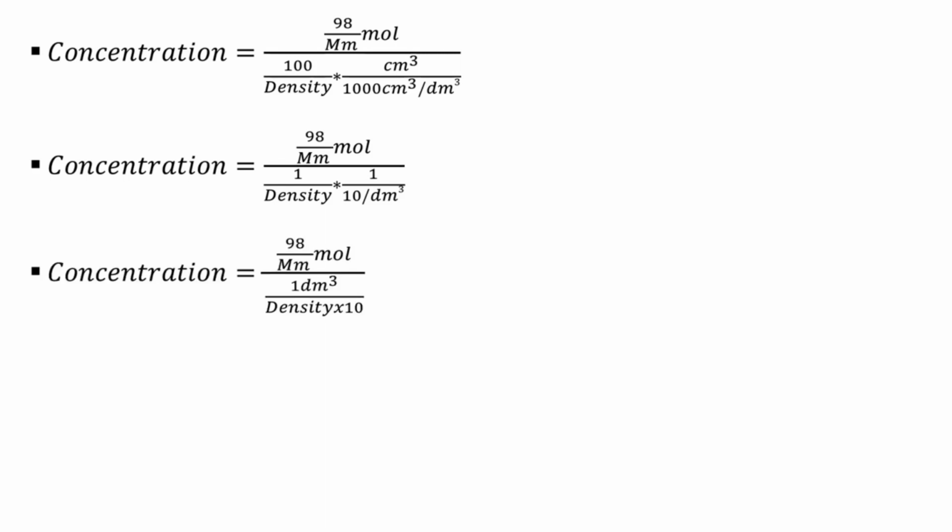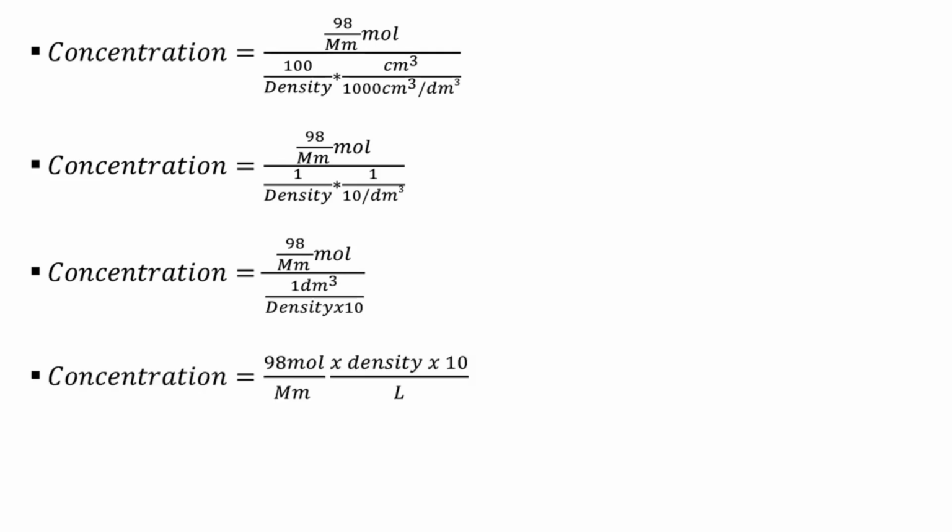Then we get concentration equal to 98 dividing with the molar mass, dividing with 1 over density times 10. Then by rearranging, you have the formula where concentration in molarity will be equal to 98 times the density times 10. Recall that this 98 is the percentage.